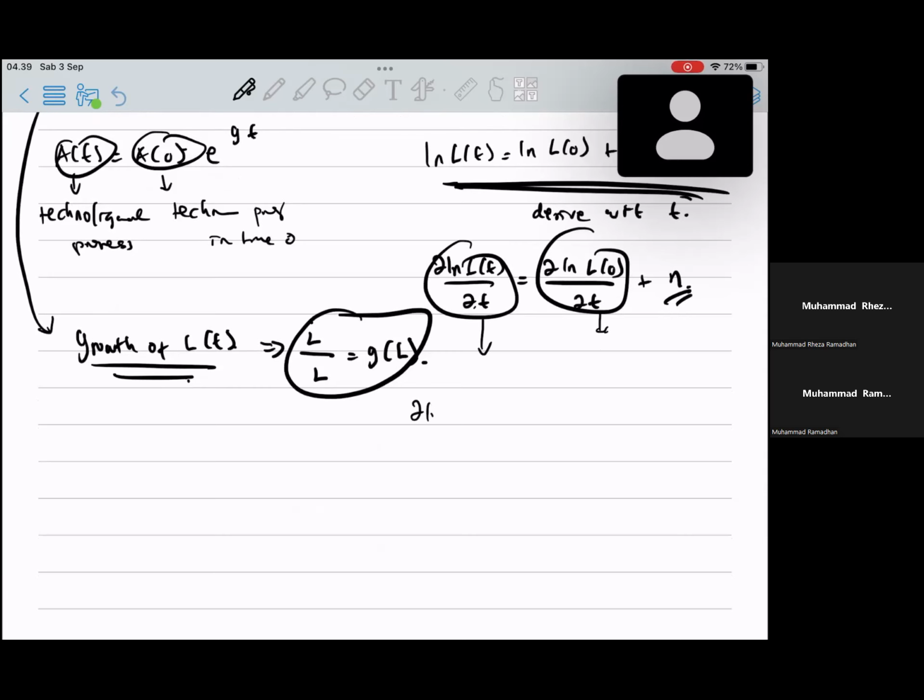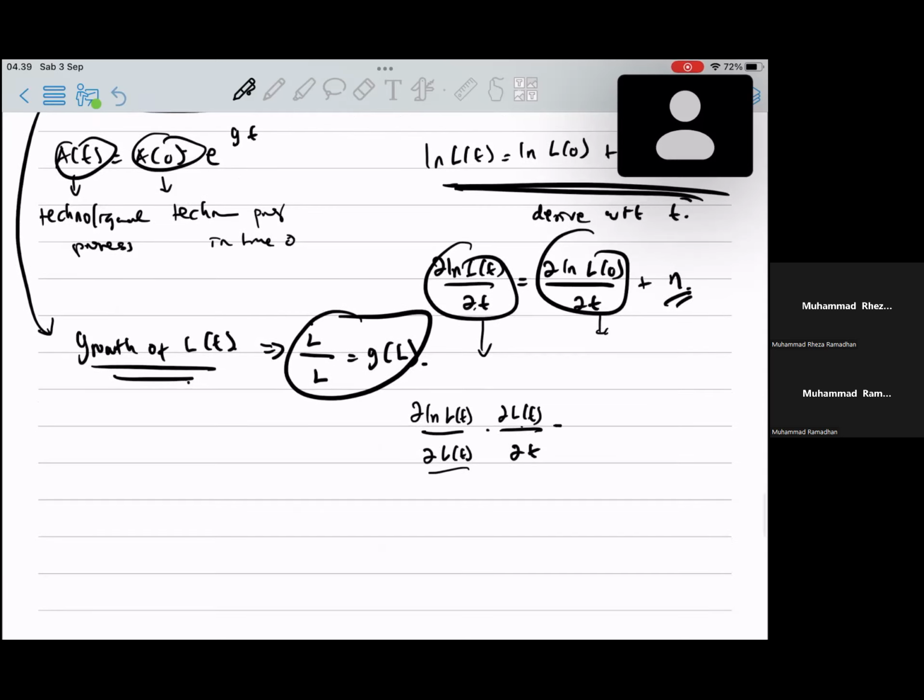So ∂ln L_t over ∂t is equal to ∂ln L_t over ∂L_t times ∂L_t over ∂t. You can cancel out this, but we need this term to derive this; this is the chain rule. So it's equal to ∂ln L_0 over ∂L_0 times ∂L_0 over ∂t plus n.